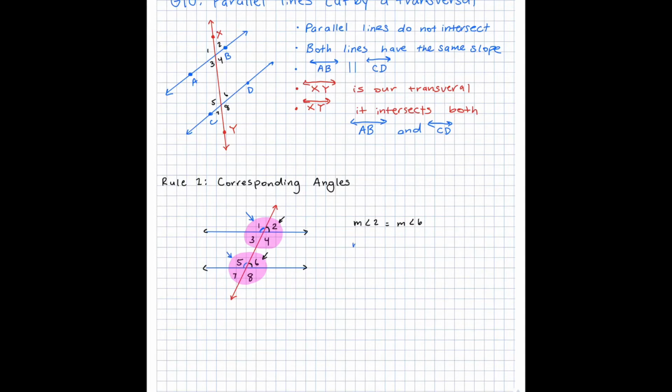So the measurement of angle 1 is congruent to the measurement of angle 5. Take a second, see if you could match up the next 2 sets. What are the next 2 sets of angles that are congruent? I'll give you about 10 seconds.